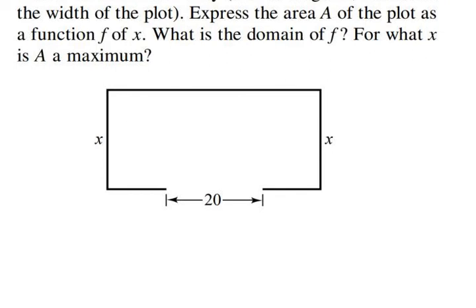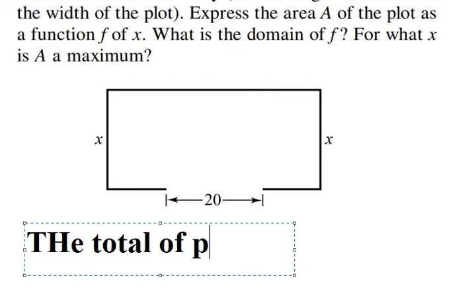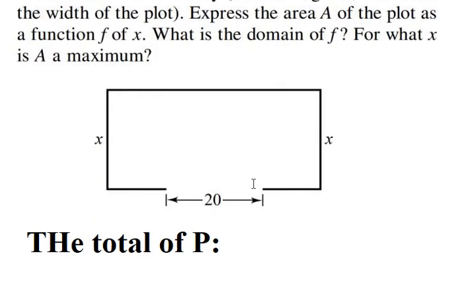So in this situation, we can find the total perimeter of the rectangle. That should be 800 plus 20, which is 820 feet.